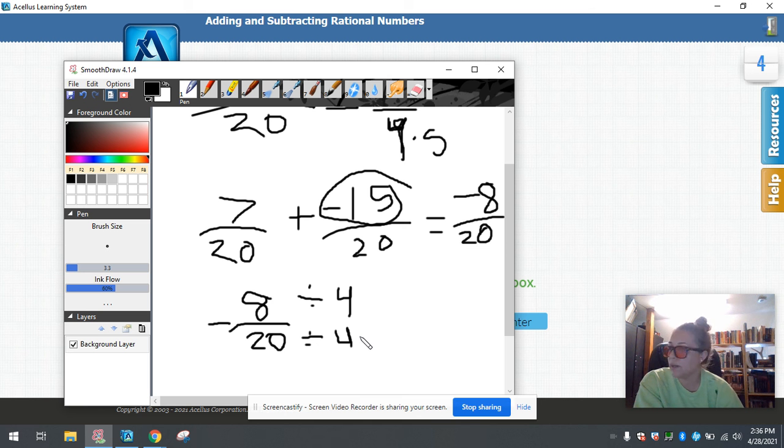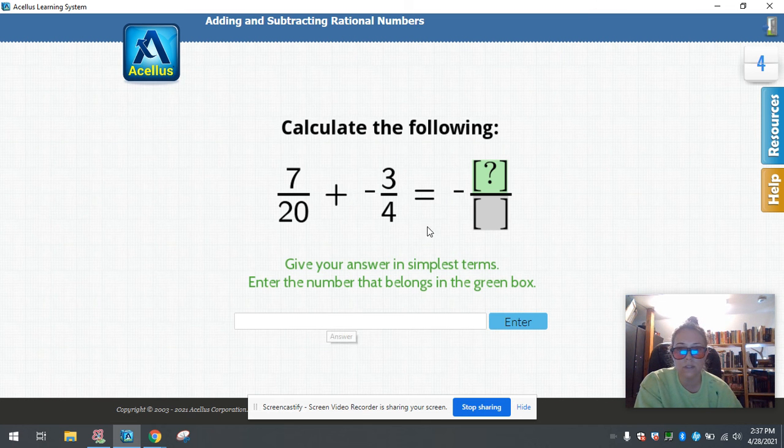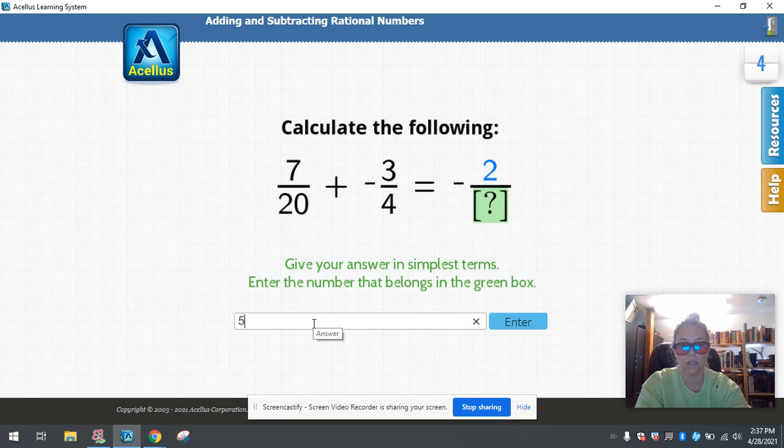Dividing by 2 and dividing by 2 again would be the same as dividing by 4, so skipping that step. 8 divided by 4 is 2. 20 divided by 4 is 5. My answer ends up being -2/5. It's already got the negative here, so I'm just going to type in 2/5 for the answer.